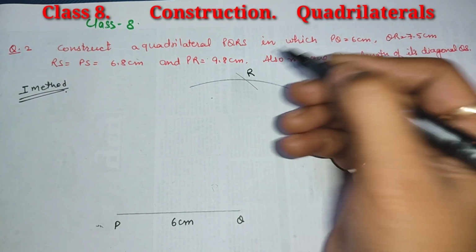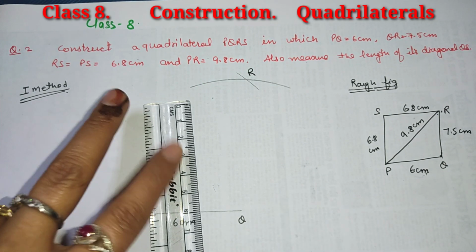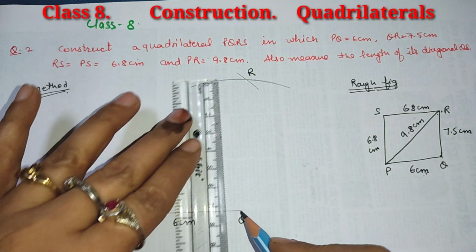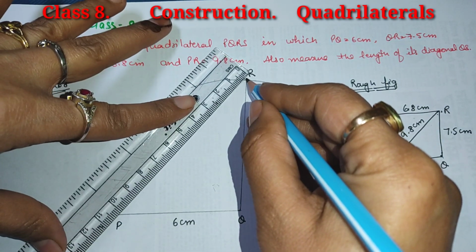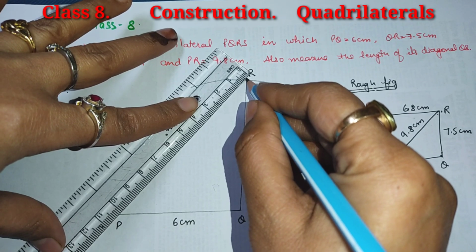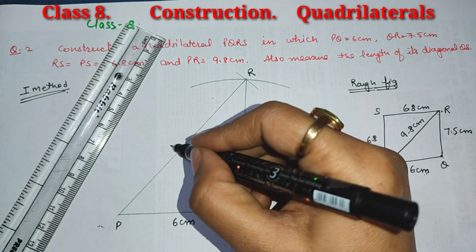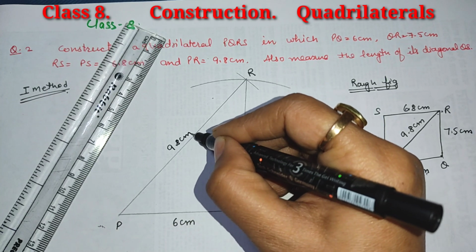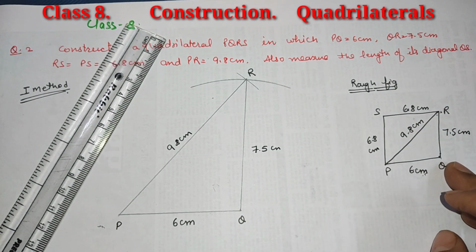This is your point R. Now join these 2 points. This is your QR and this is your PR. Okay, I can write it as 9.8 cm or this is 7.5. See, half the figure is drawn.